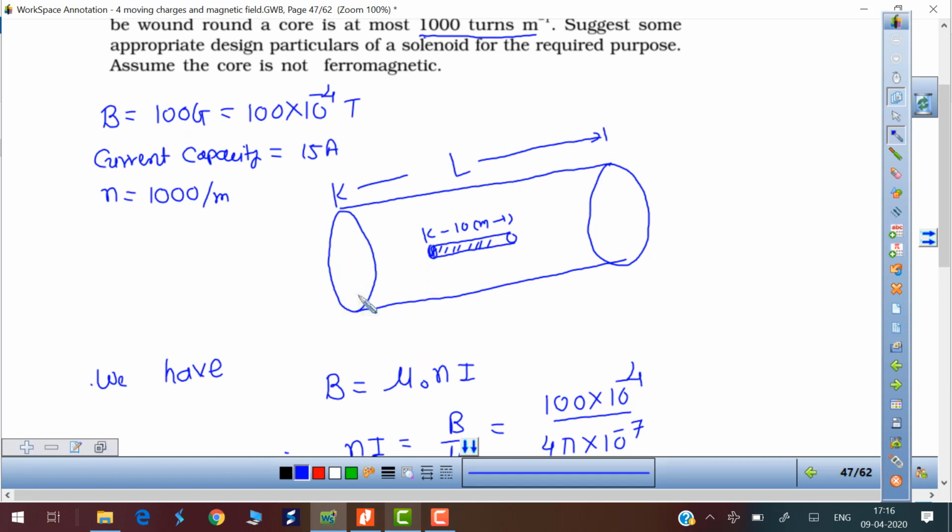So let me see what the area is. If this is 2 centimeter, I take this side calculation. A is equal to 3.14 into 2 into 10 raised to minus 2, squared.